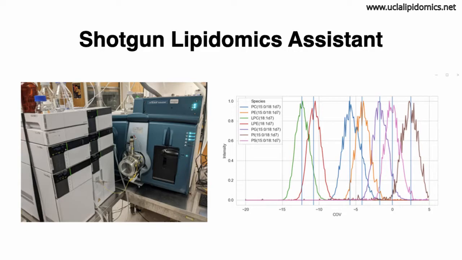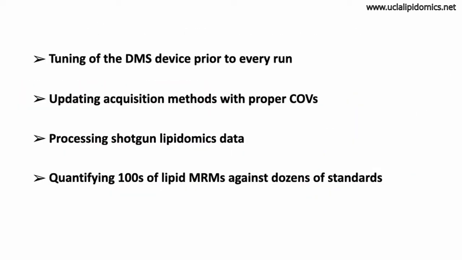But the workflow and data analysis presents a number of technical challenges that platforms like the SCIEX Lipidizer have sought to address. These challenges included tuning the DMS device prior to every run, updating acquisition methods with proper compensation voltages, processing shotgun lipidomics data, and quantifying hundreds of lipid MRMs against dozens of standards.